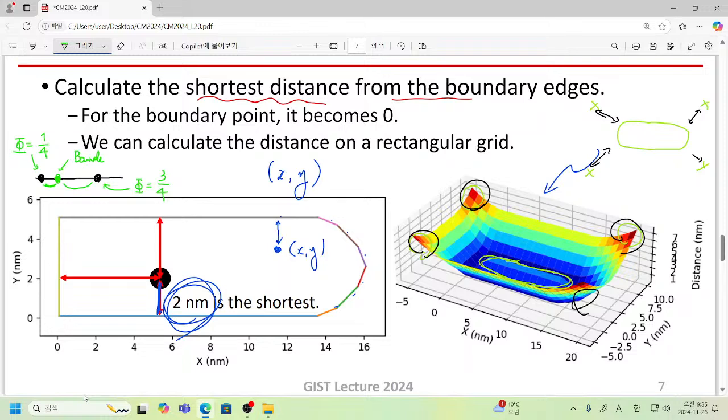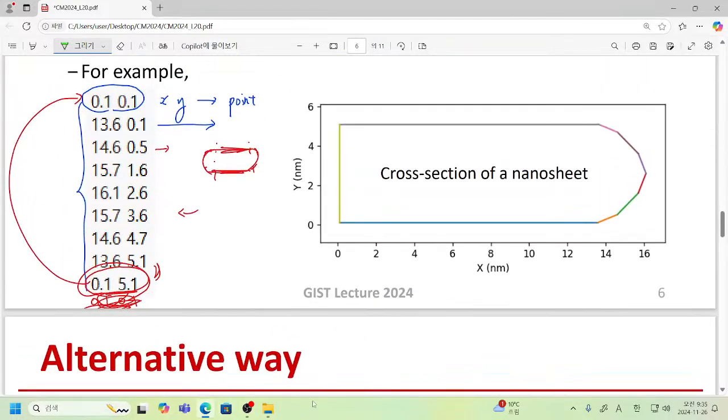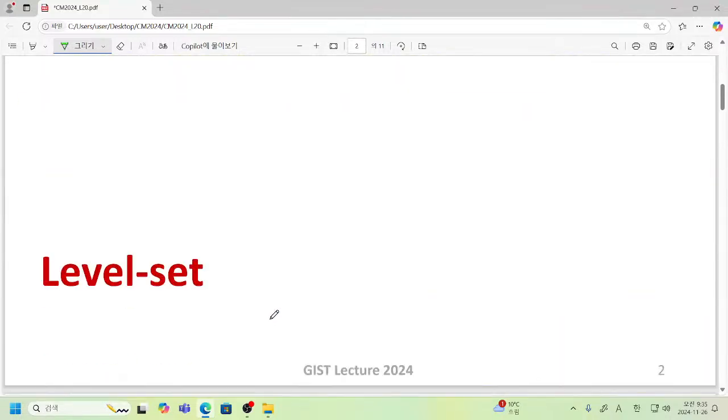Then how can we get the information about this boundary point? Maybe we can secure some space somewhere here. Now think about this one. There are two points, and phi equal to 1/4, 3/4.